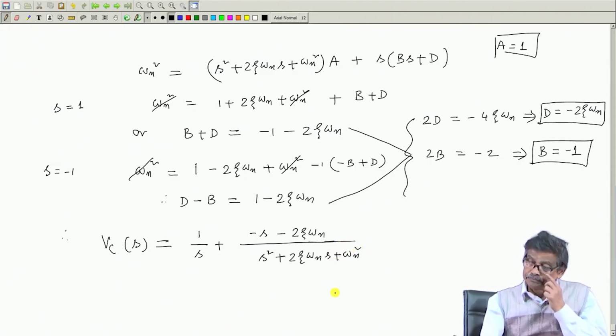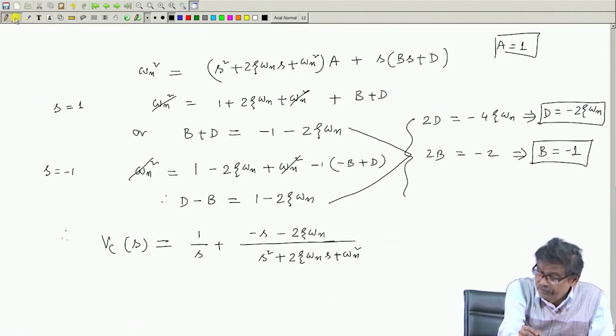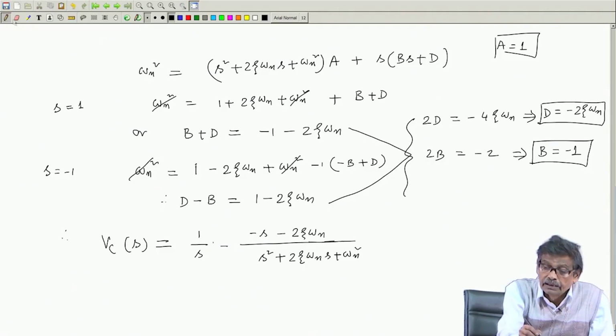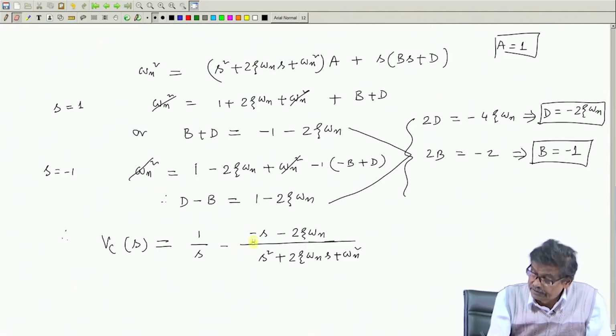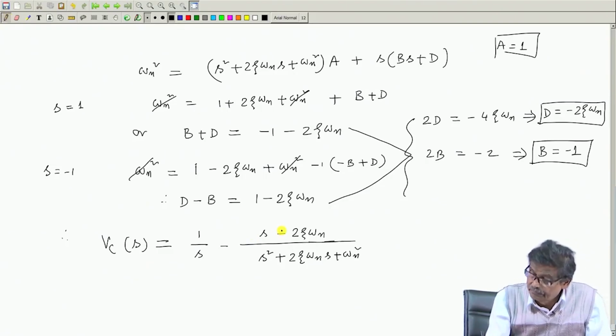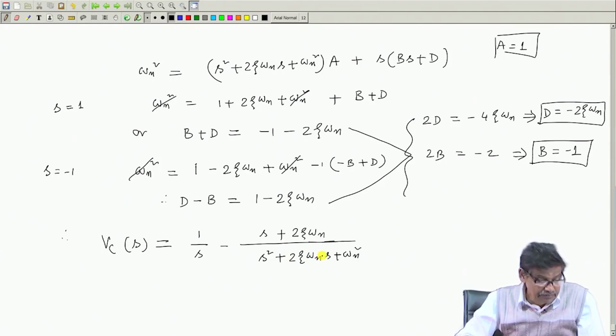This is the thing, clear. And what you can do, this I will not rewrite, this minus I will put it before, and both these terms become plus. Next step, it will be like this, s square plus 2 zeta omega n s plus omega n square, etc.